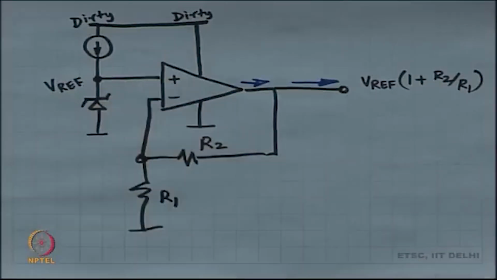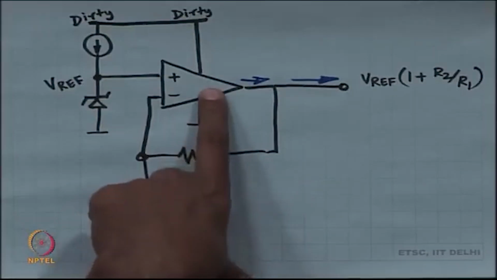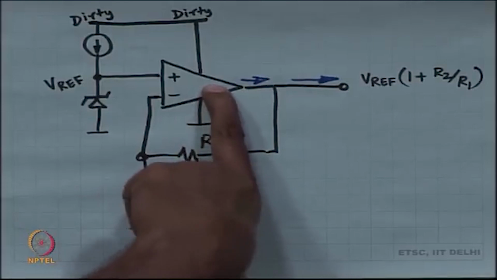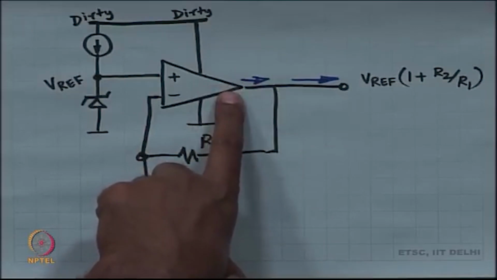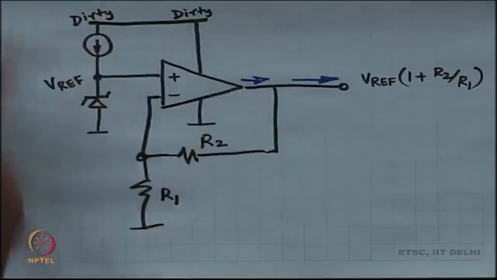The output current coming out of the op amp typically is not very large. Remember, the op amp output has a large output impedance, so you do not want it to drive large amounts of current.